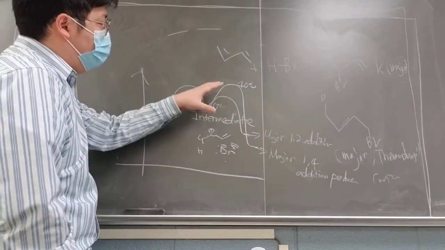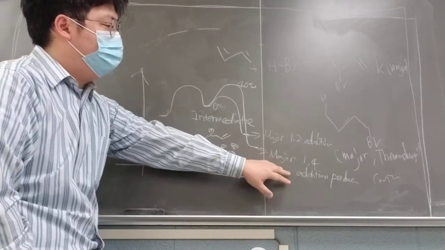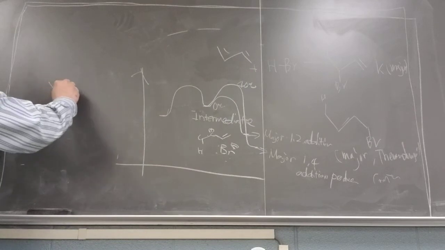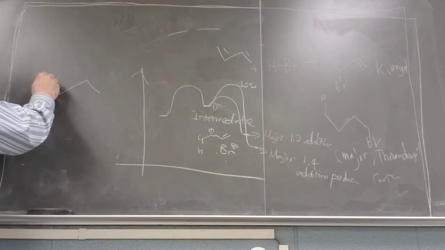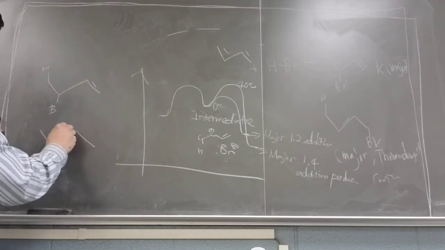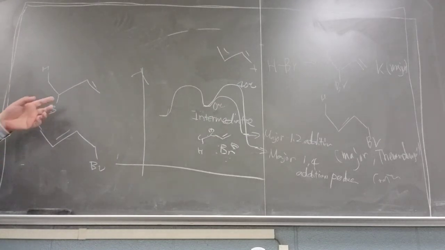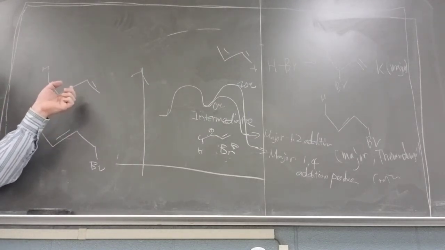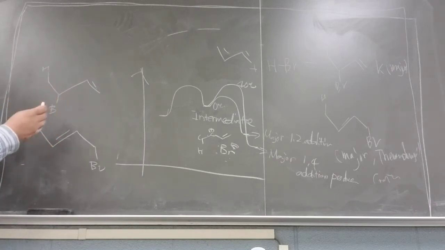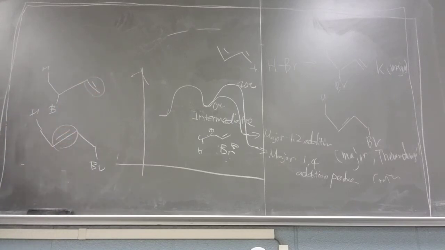So to make it thermodynamically controlled, the major product will become your 1,4 addition product. Because if you think about these two, can you possibly estimate which one is more stable? So look at it, we have a double bond in here and here. That is the major difference.